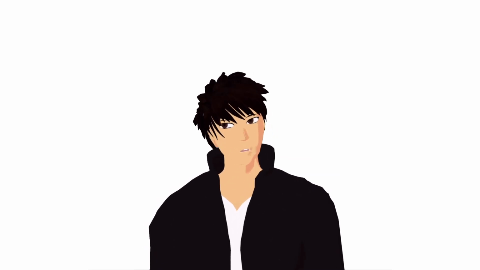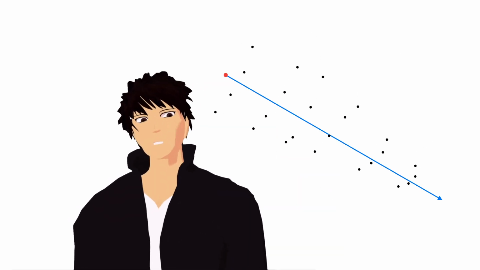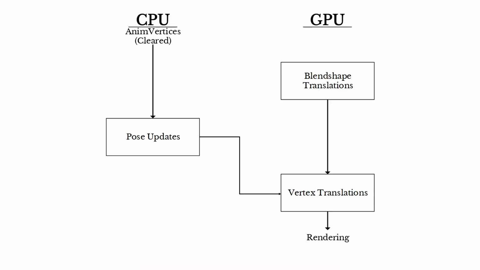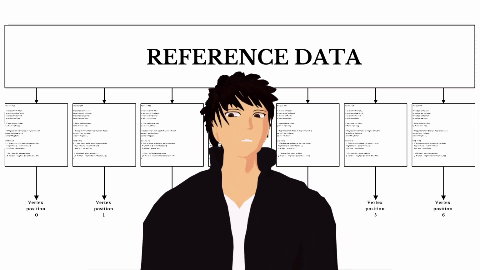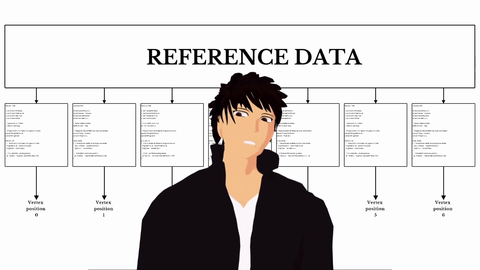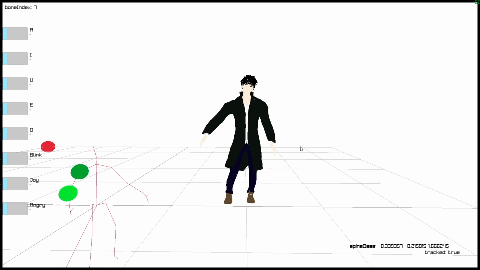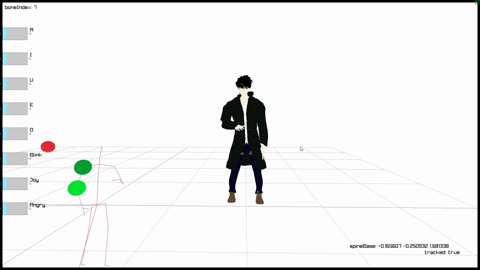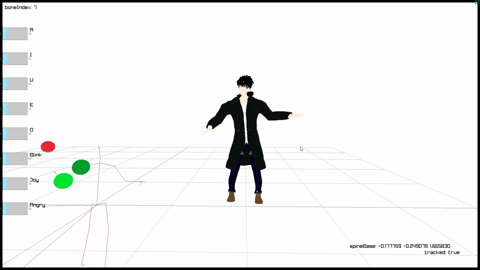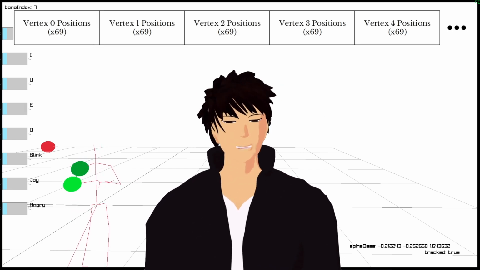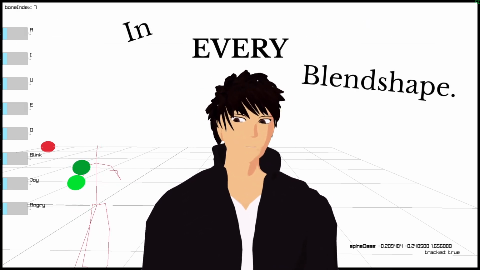The actual vertex translations, both blend shape deforms and final pose translations, will occur in the GPU, which means the GPU needs all the data necessary for these translations before it can execute. That means my tracked pose and blend shape data has to be passed in as a buffer object, in addition to the target position every vertex occupies in every blend shape.